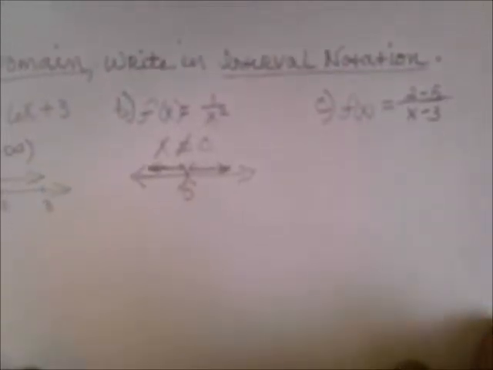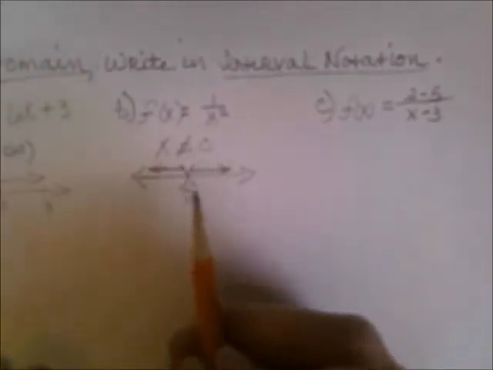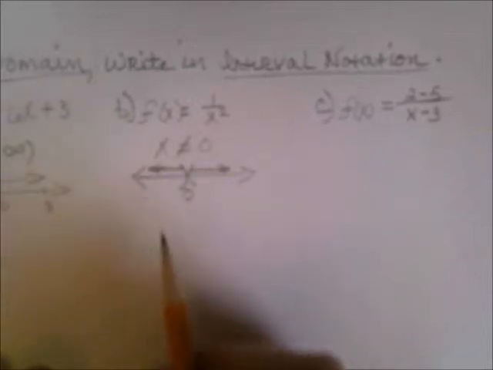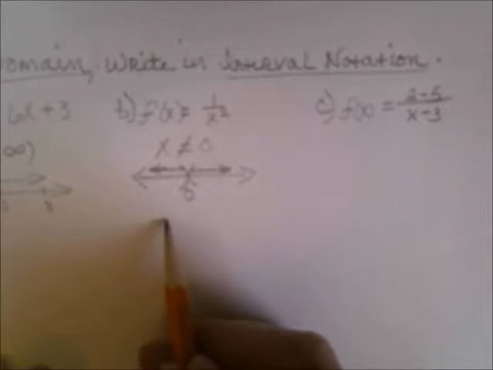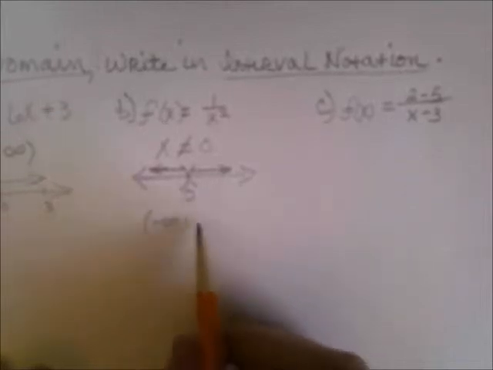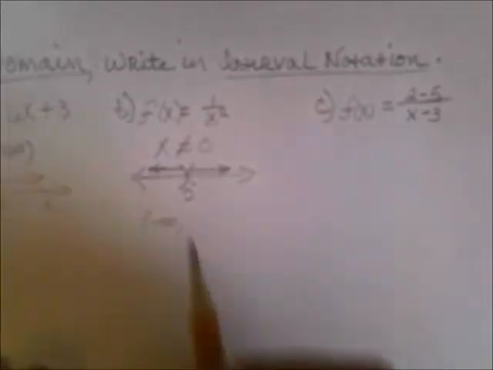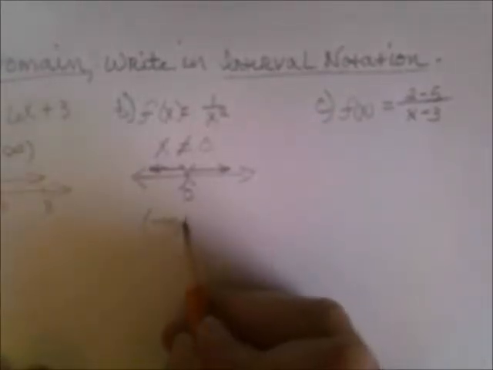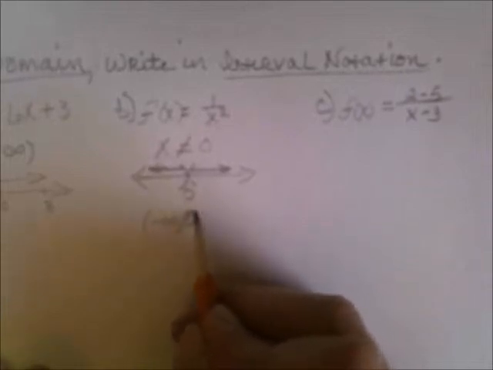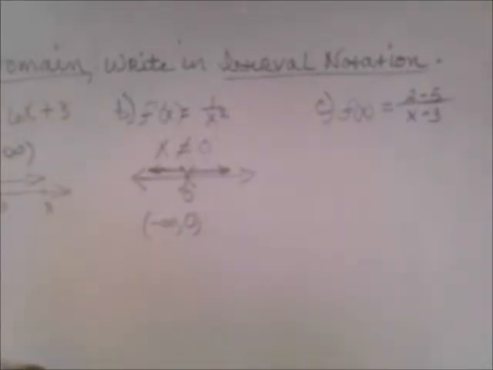And then to write our interval notation, we can see from how we graphed it on the number line, the smallest thing it can be is negative infinity, okay? And then it can go right up to 0, but not include 0. So we'll put 0 with the parenthesis, right?